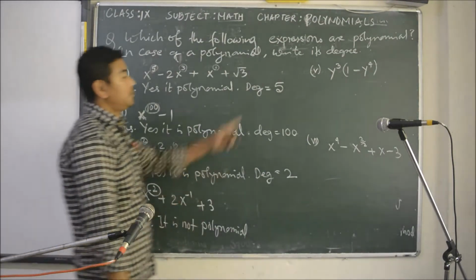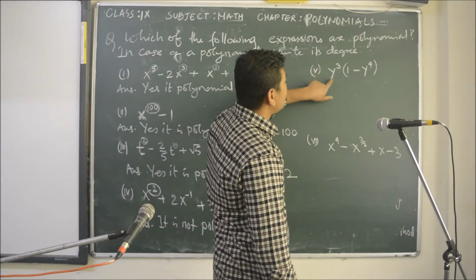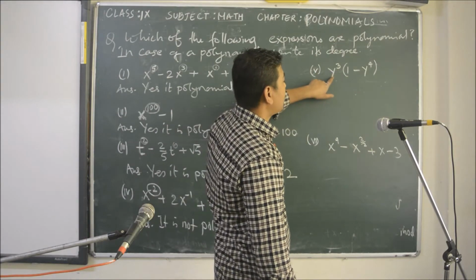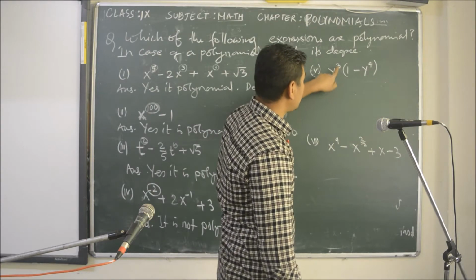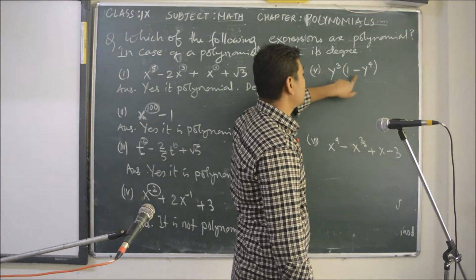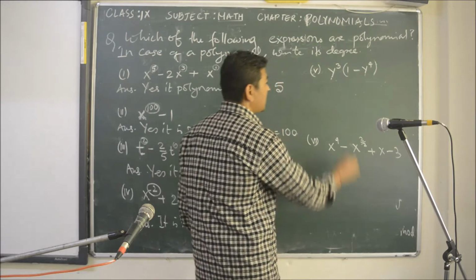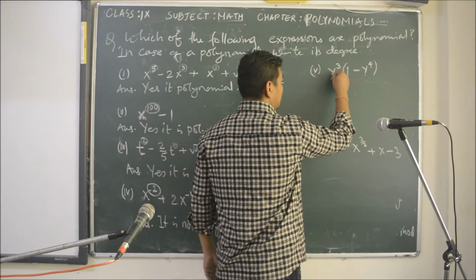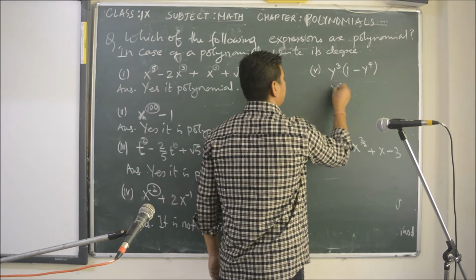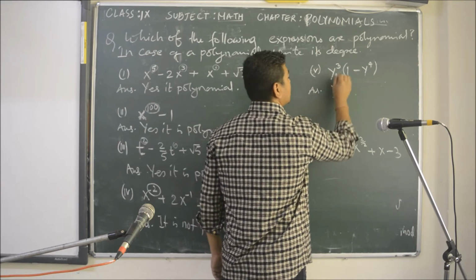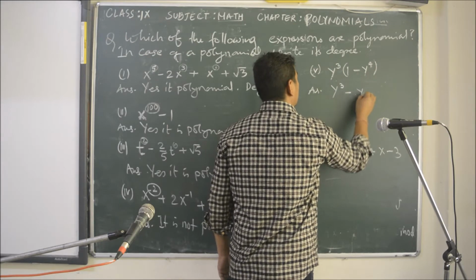Now let's come to the fifth question here. Again they have changed the variable. Instead of x they have given y. Here we have y cube multiplied with 1 minus y to the power 4. That means you can simplify this expression further. Simplify means you just multiply it. y cube multiplied with 1 is y cube, and y cube multiplied with y to the power 4 is y to the power 7.